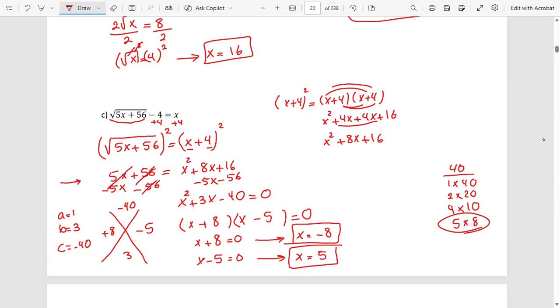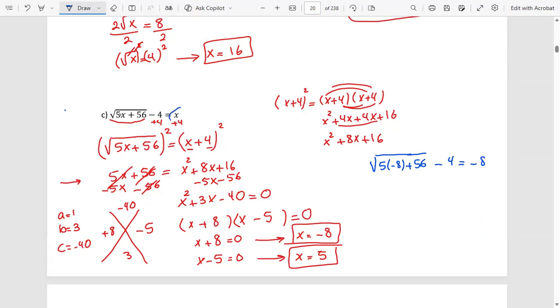Okay, now it's time to check our solutions to see which one is the actual solution. I have to go back and replace them into the equation. If I replace the x by negative 8, let's see what will happen. Don't forget to replace both of the x's, this one and this one.